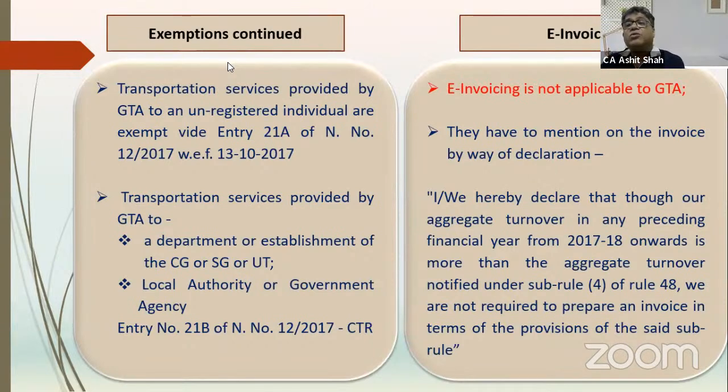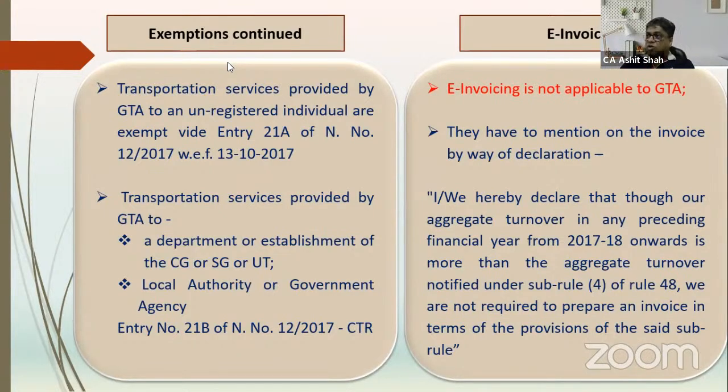Okay. Now, the second thing is about e-invoicing. Nowadays, e-invoicing has become a very, very important area. All the persons, believe me, friends, will be under the e-invoicing era. In 2020, the concept of e-invoicing was introduced, and at that point of time, the limit was 100 crores.